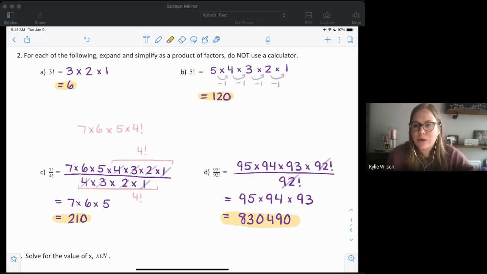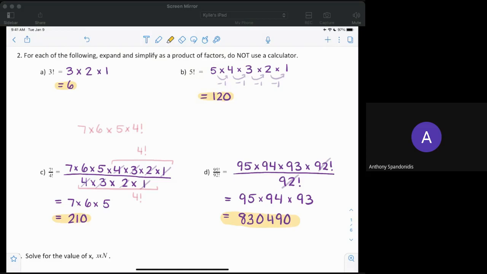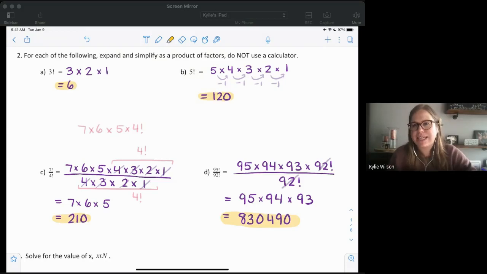Are there any questions at all so far? Is there an easy way to do multiplication of factorials as well? Not really. There aren't really any specific rules to it.